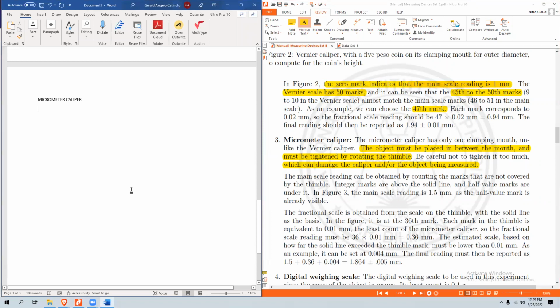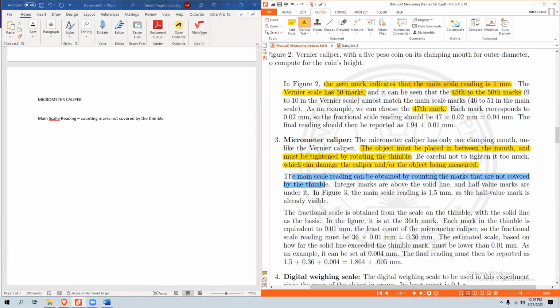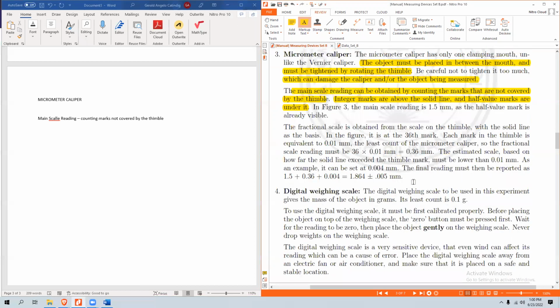Okay, so the main scale reading is obtained by counting the marks not covered by the thimble. Integer marks are above the solid line and half value marks are under it. So, in figure 3, where's figure 3?